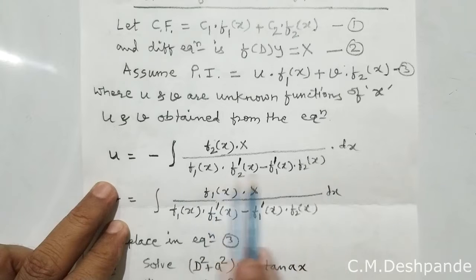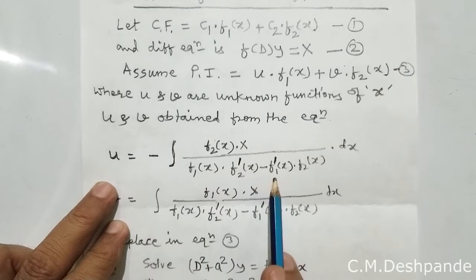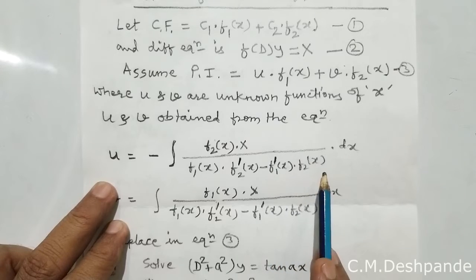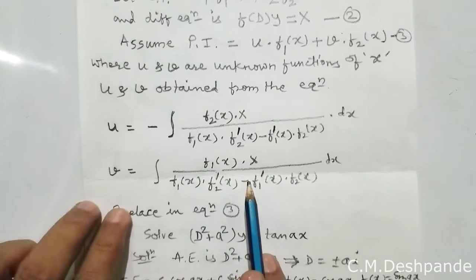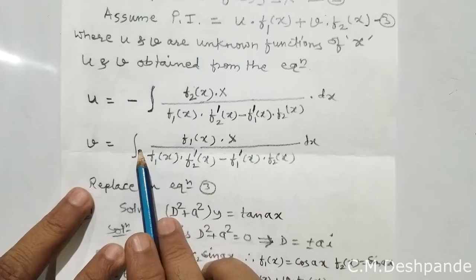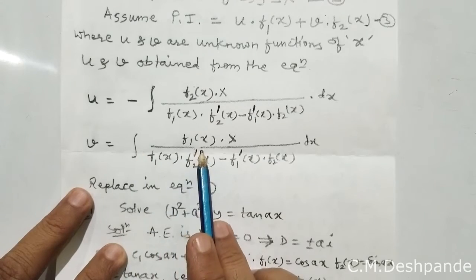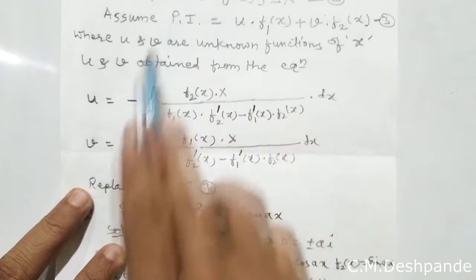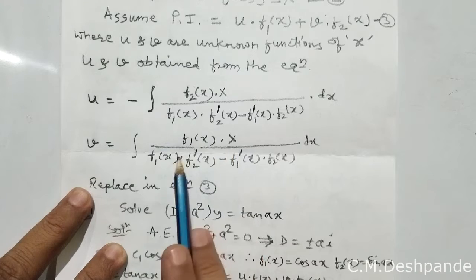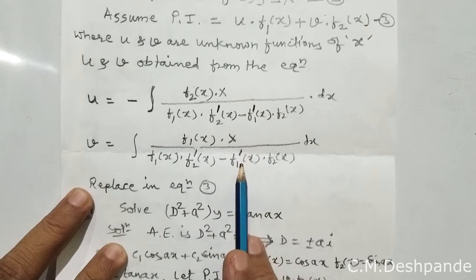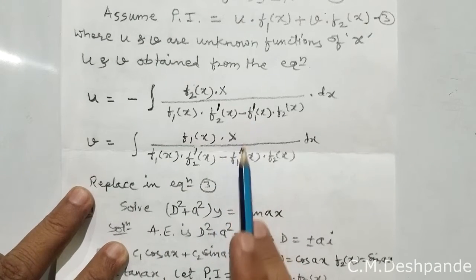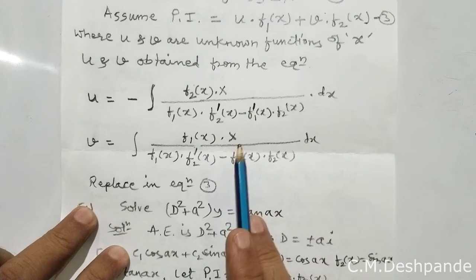And this is the denominator, f1 of x into f2 dash of x minus f1 dash of x into f2 of x. And v is given by integration of f1 of x, that is the first function, into capital X upon the same denominator. After integrating these two, u and v are calculated.